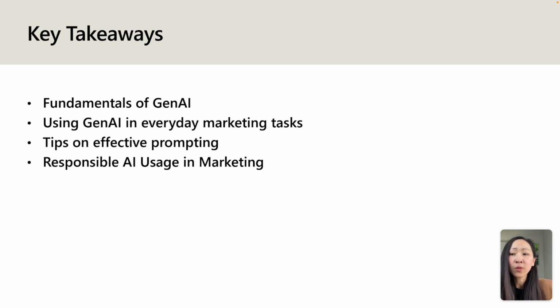We also learned some tips about effective prompting, some misconceptions about prompting, and how you can prompt more effectively. And then finally, what responsible AI usage we all need to know as marketers, so we can build more trust and long-term success for our brand.